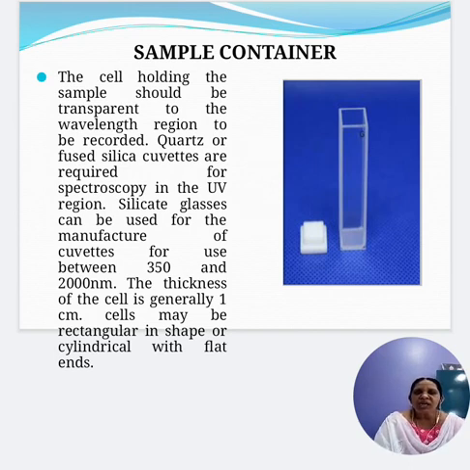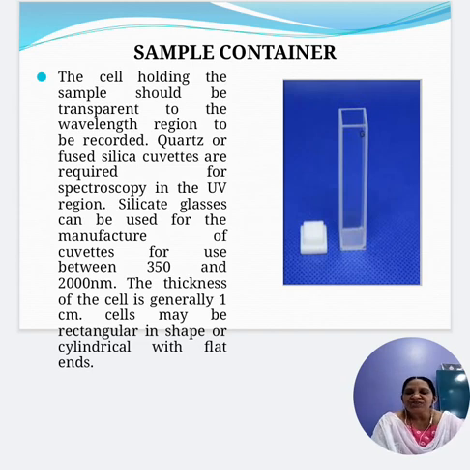Quartz or fused silica cuvettes are required for spectroscopy in the UV region. Silicate glasses can be used for manufacture of cuvettes; quartz or silica are used for manufacturing cuvettes for use between 350 to 2000 nanometers.